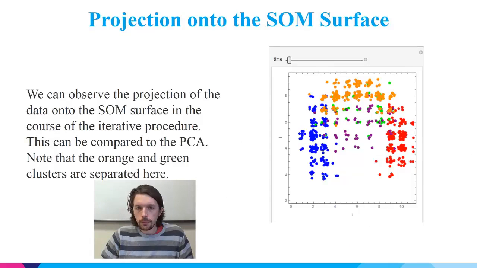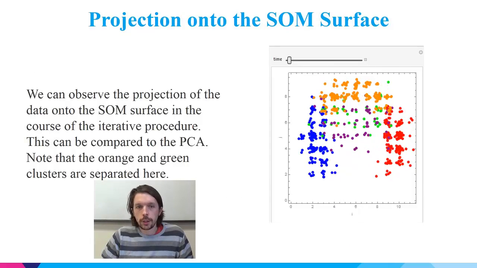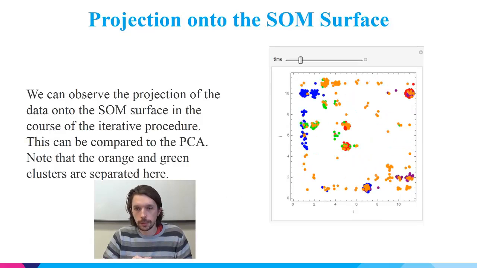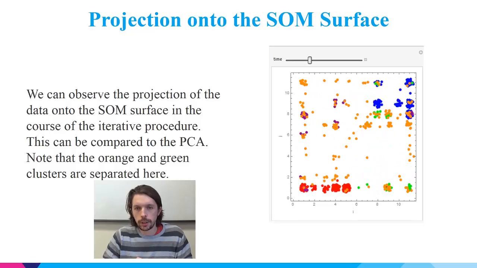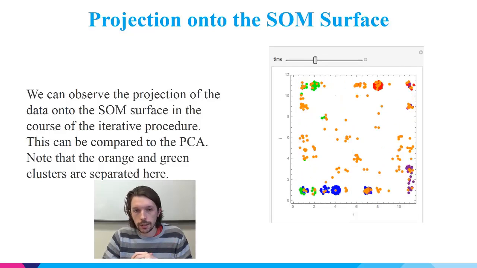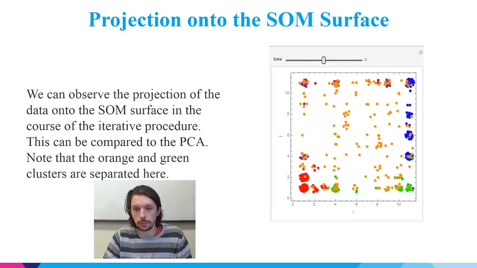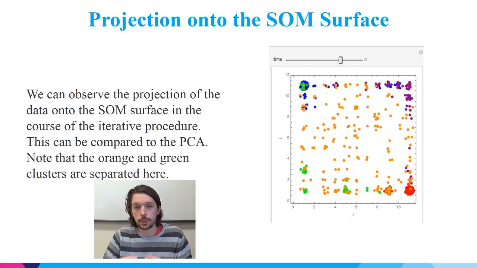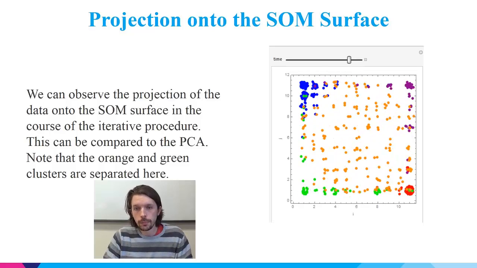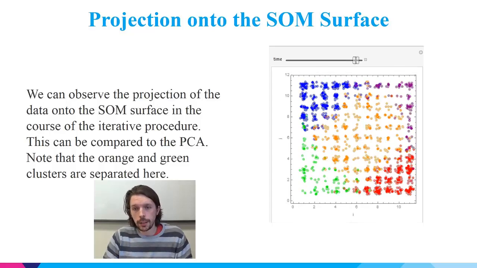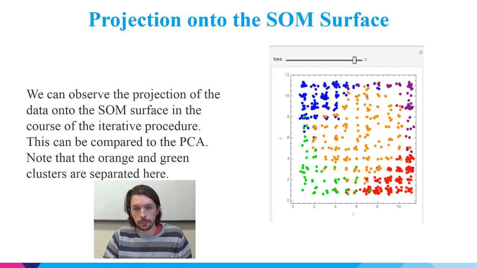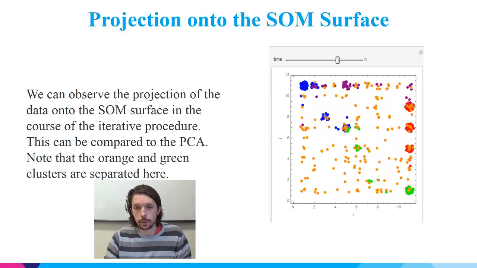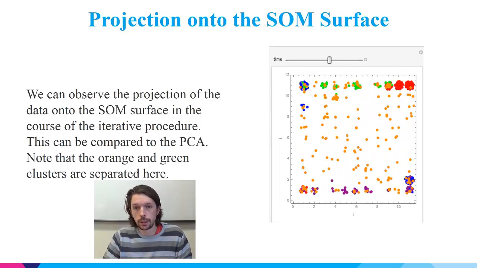Here we can take another view of the iteration of the self-organizing map algorithm by looking at how the data points are projected onto the self-organizing map surface as we iterate the algorithm. You can see in the final state, where the self-organizing map has converged, there's a very clear separation of each of the clusters.